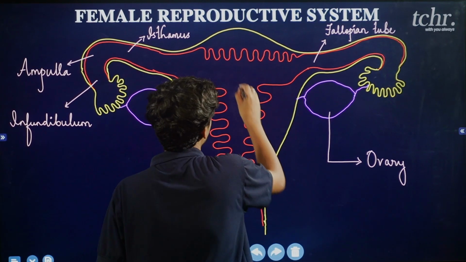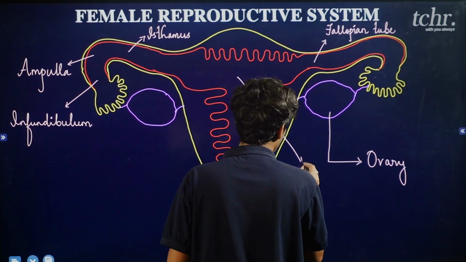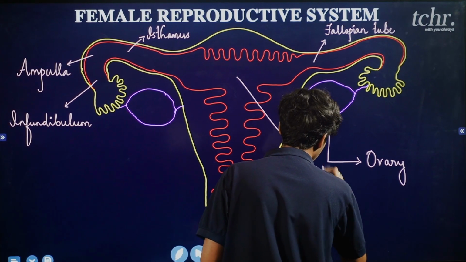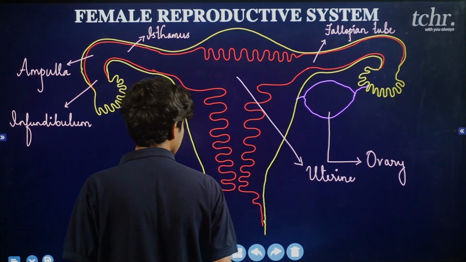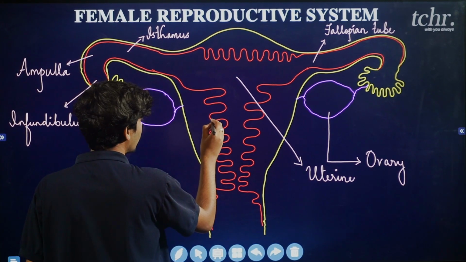The mid region of the female reproductive system is the uterus, and this uterus has three major walls.